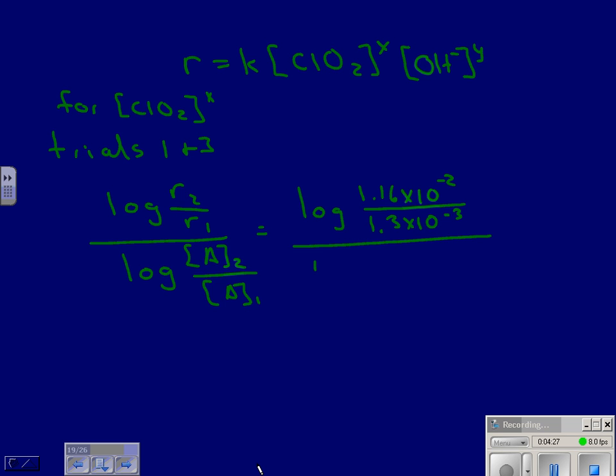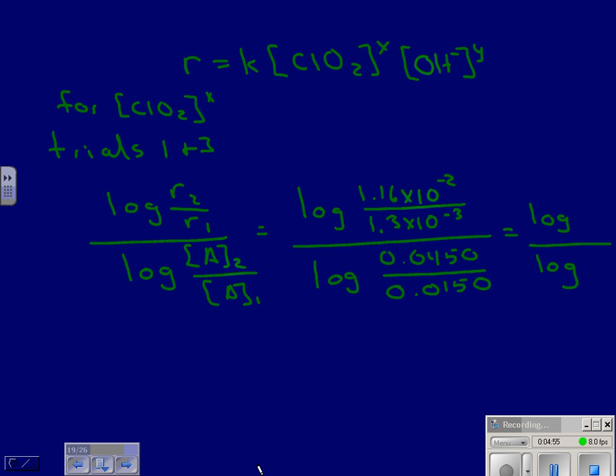And now I need the log of the concentrations. Again, I need 3 on the top. That's log of 0.0450 over 0.0150. All right? So at this point, if we could just do the divisions, the log of what over the log of what?